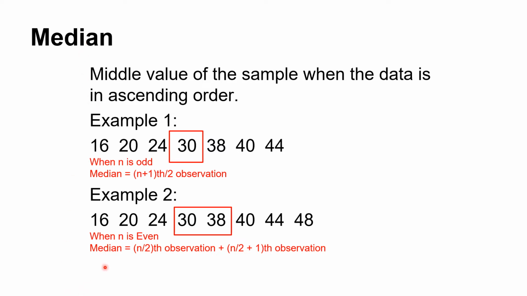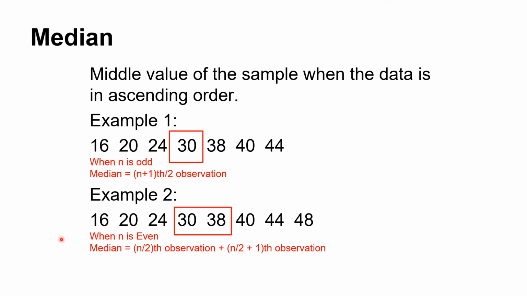For the second example, when n is an even number, the median is the average of the middle 2 numbers. You see there are 3 data on each side, so the average of the middle 2 numbers is the median for this example. By definition, it is the n over 2 term plus the n over 2 plus 1 term.